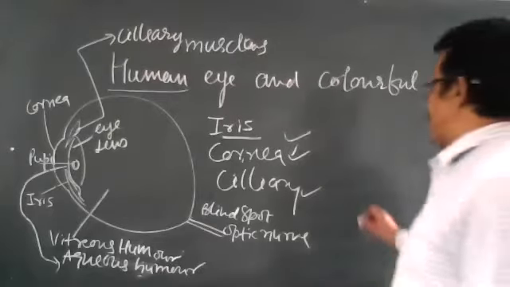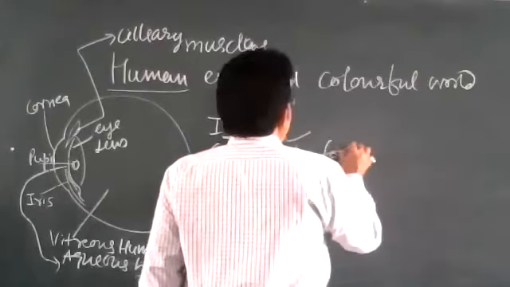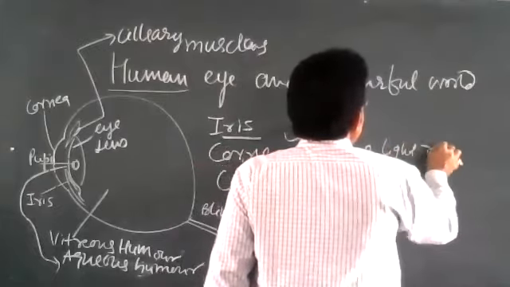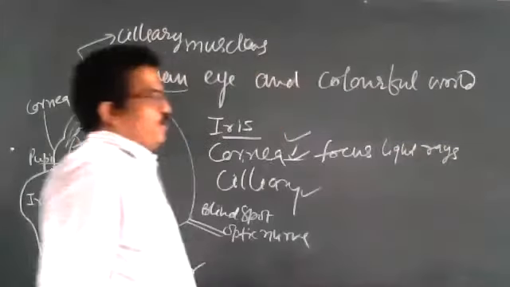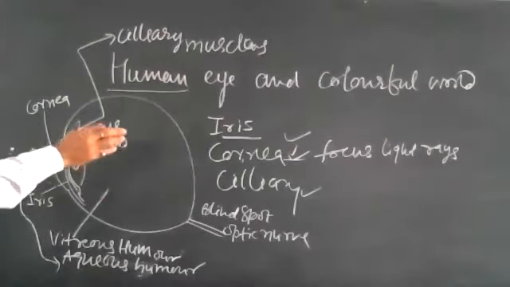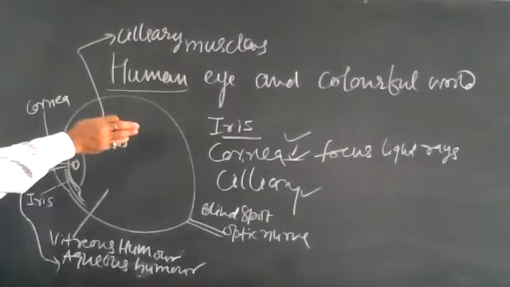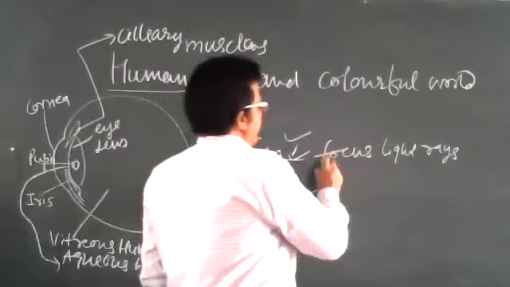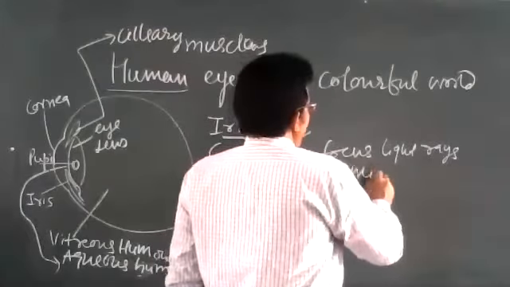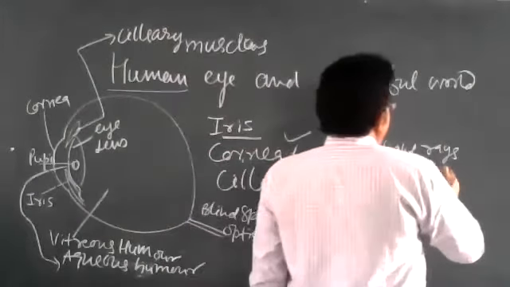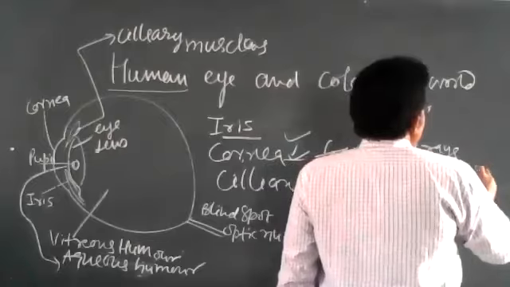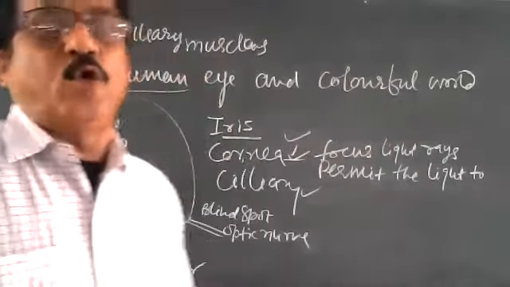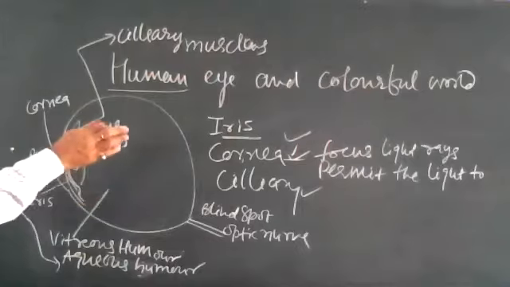It focuses light rays. Write down along with me: cornea focuses light rays and permits the light to enter the eye. It is a function of the cornea.